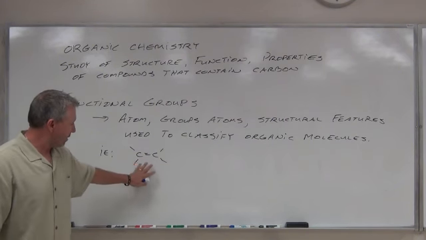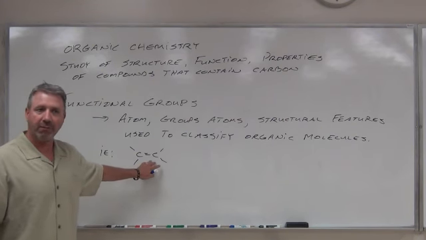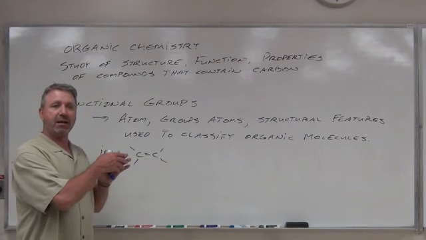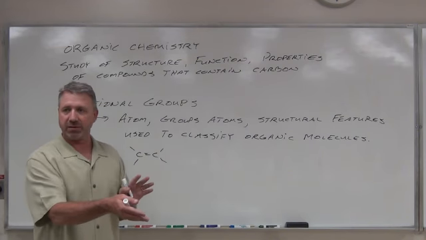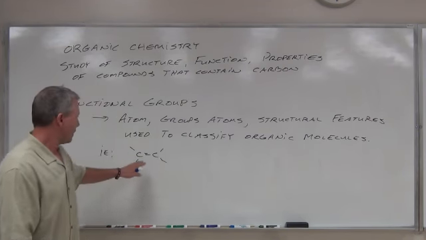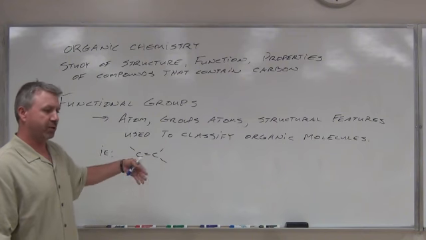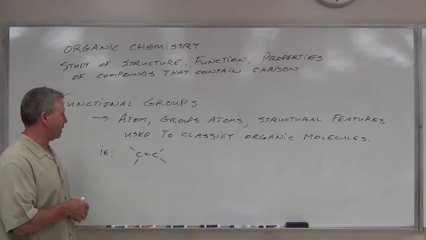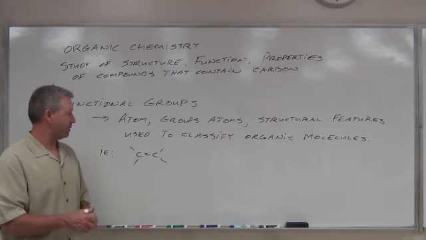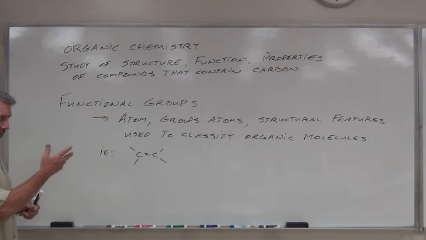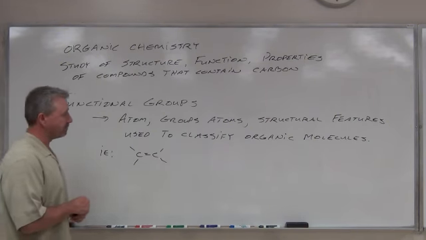So by studying the structure and the function of the carbon-carbon double bond, you can gain knowledge on thousands and thousands of organic compounds. So the functional group approach is by far the most effective way to look at organic chemistry. And of course, that's the way that we'll approach it as well.